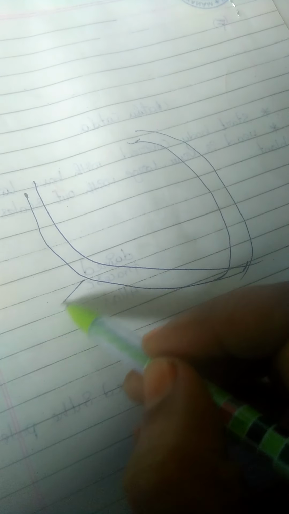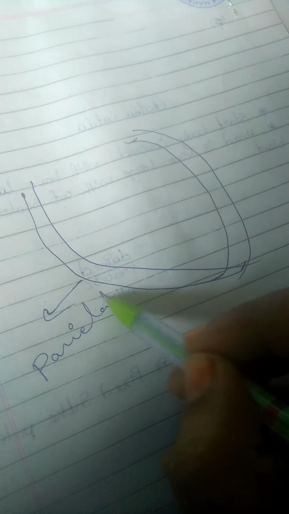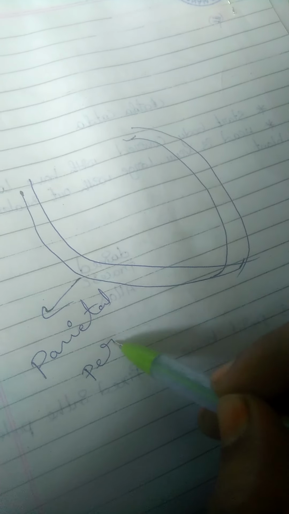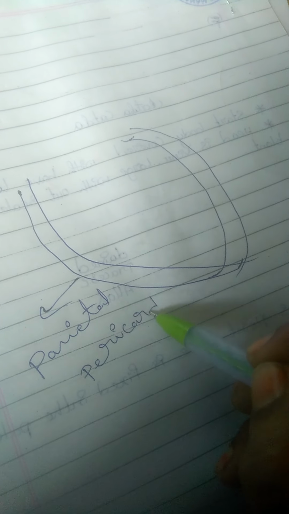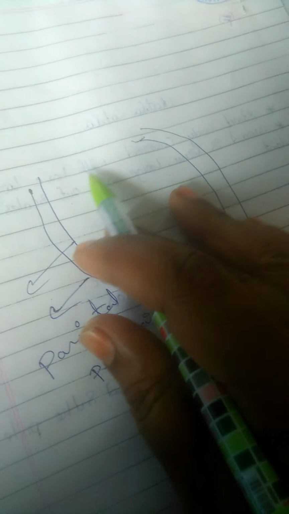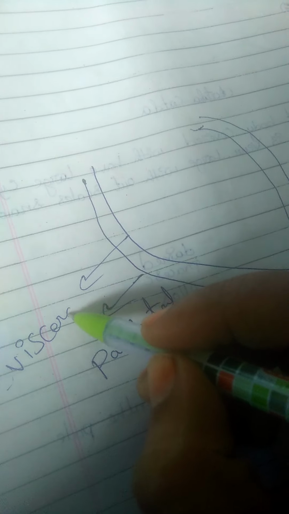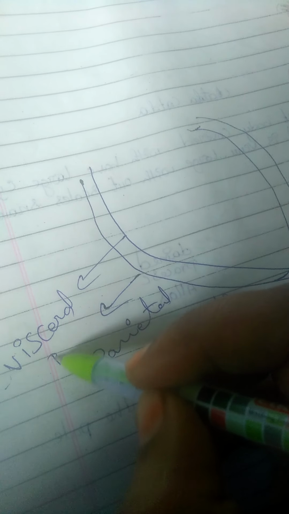So the outer membrane is the parietal pericardium and the inner one is the visceral pericardium.